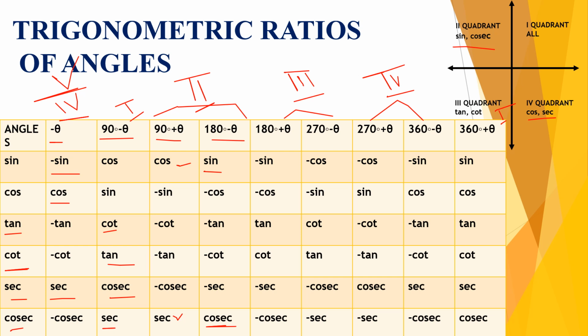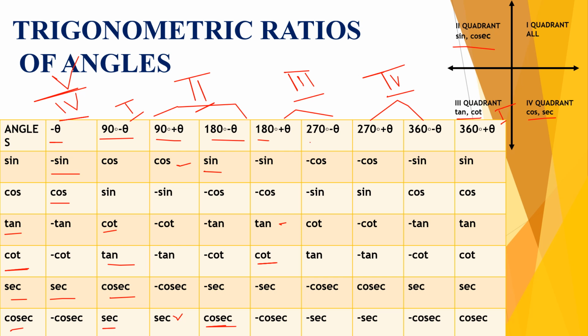Now 180 degree plus theta comes under the third quadrant. For 180 degree, the values will not get changed. But in the third quadrant, tan and cot are positive. The remaining values will be negative.